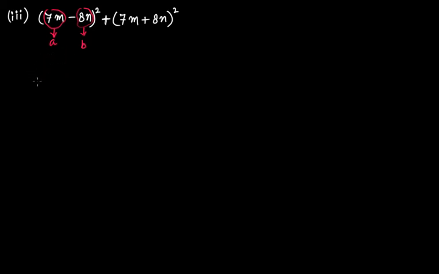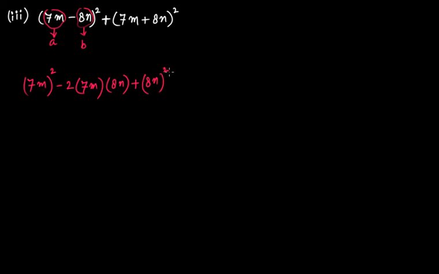If you solve this, (a minus b) whole squared is a squared, that is (7m) whole squared, minus 2ab, meaning 2 times 7m multiplied by 8n, plus b squared, meaning (8n) whole squared.